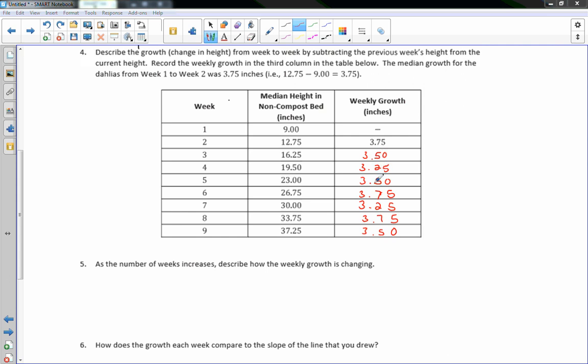So roughly, it's right around 3.5 inches, give or take a half an inch. So pretty much consistent. Let's say approximately consistent, and it's about 3.5 inches.